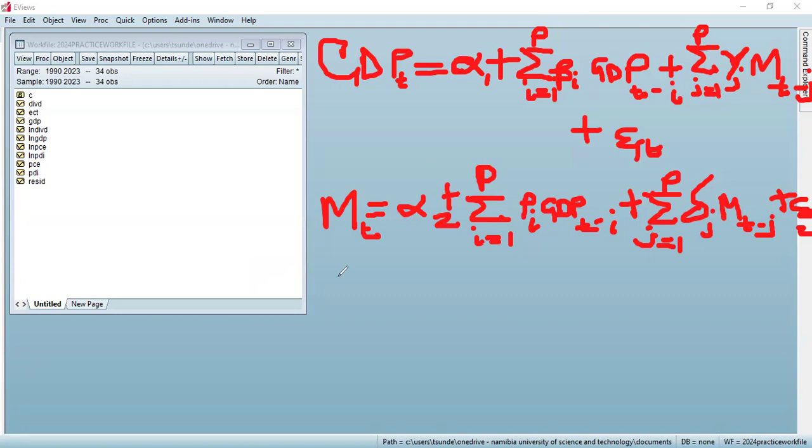And I said that if you specify your model like this, it means your variables are integrated of order 0. So you can only specify this type of model when all your variables are integrated of order 0. That's what we did last time. So the variables in this case are integrated of order 0.